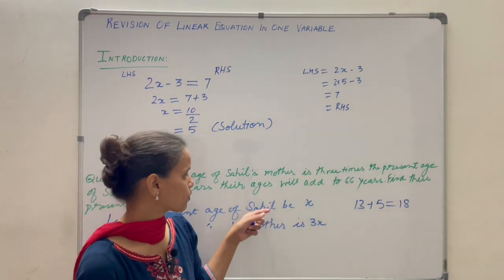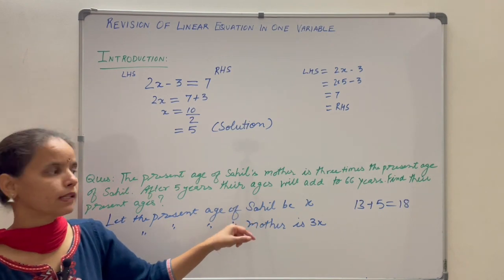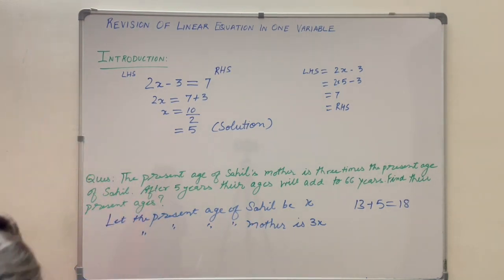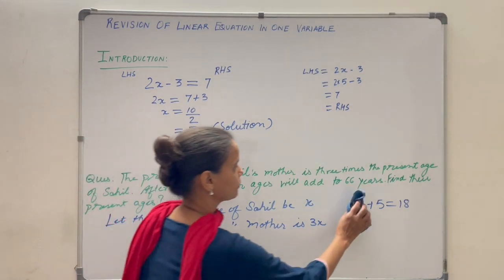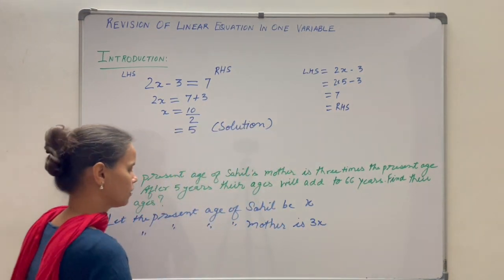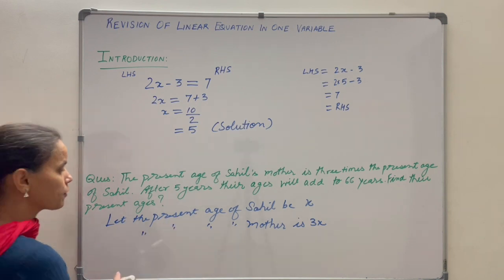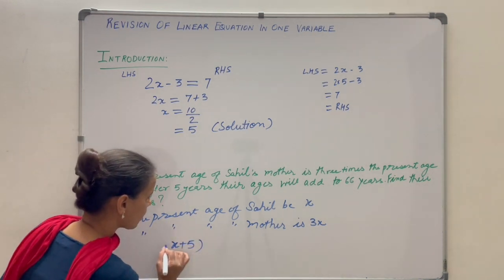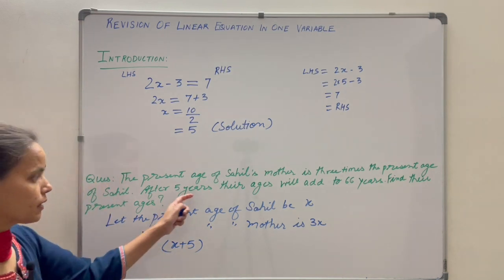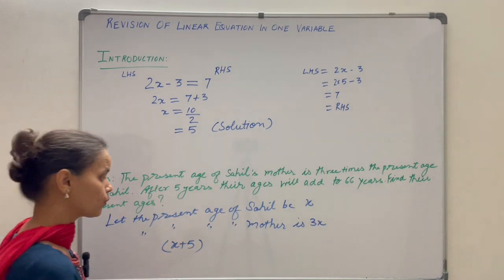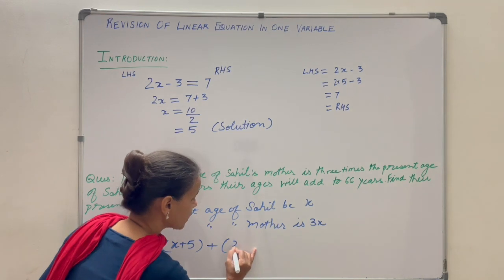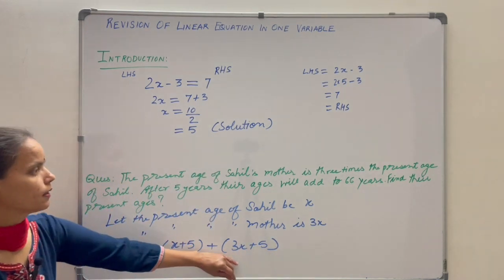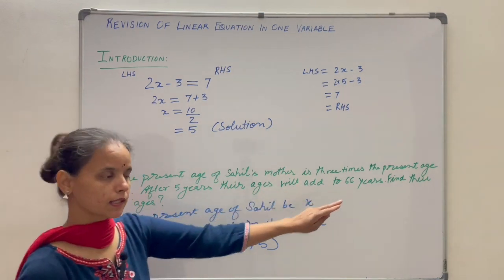Similarly, Sahil's age after 5 years will be x plus 5, and mother's age after 5 years will be 3x plus 5, and together their ages add up to 66.